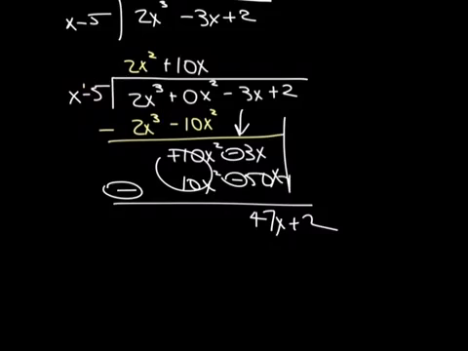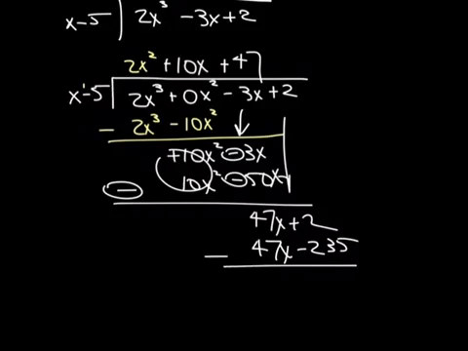Alright, so now we have to figure out x goes into 47x. 47 times. 47 times x is 47x. 47 times negative 5 is negative 235. And there's nothing else to bring down, so I subtract.